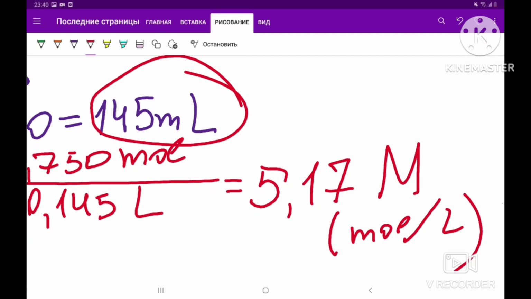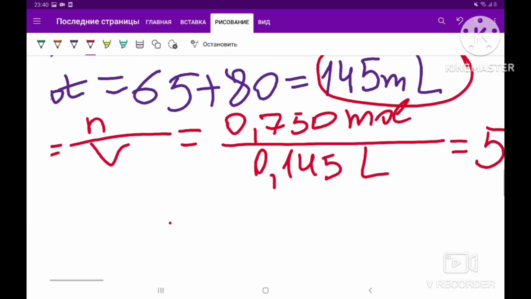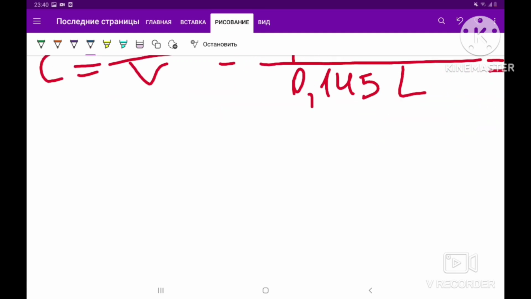Then the second question was to find the mass of potassium hydroxide. We found its concentration. The second one was to find the mass. So let's calculate the mass now. We know the number of moles, so we can use the formula of moles, n equals m divided by molar mass.